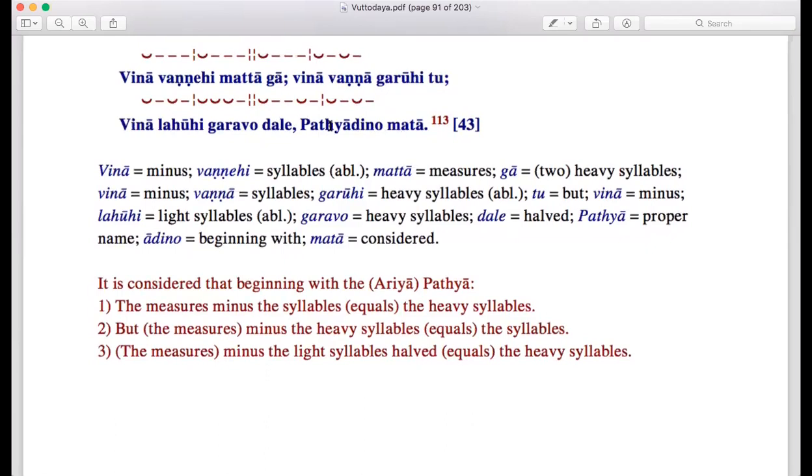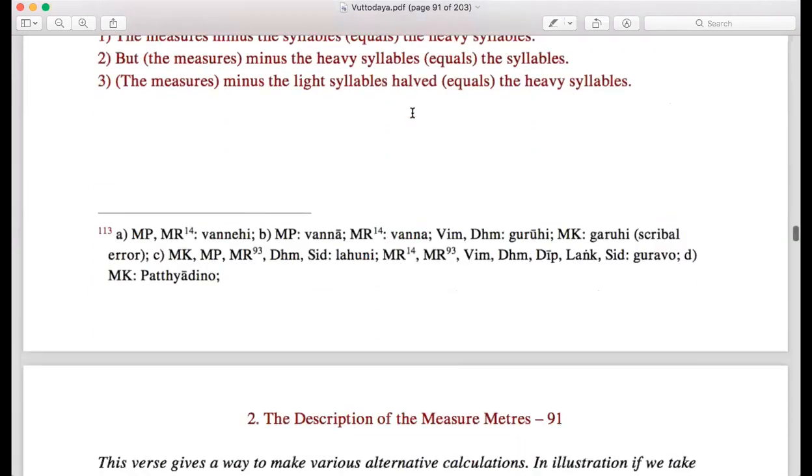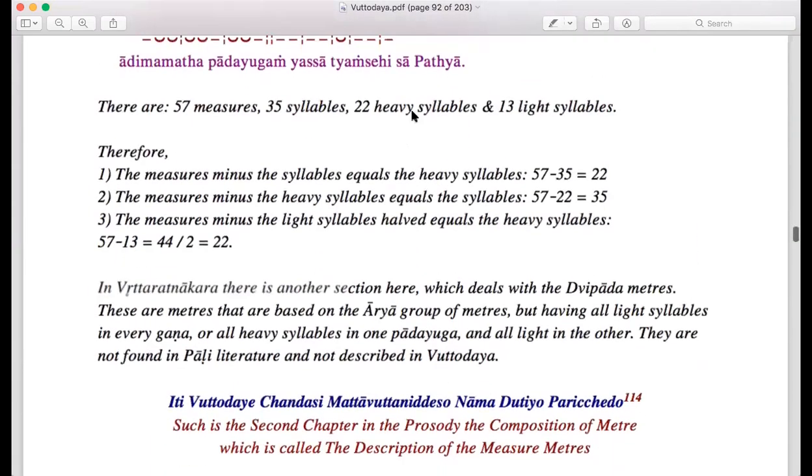Patyadino mata. Patyadino: of the verses beginning from patya mata. It's known. So here is the example. We know that there are 57 measures in the Ariya Patya verse, and there are 35 syllables in that verse.